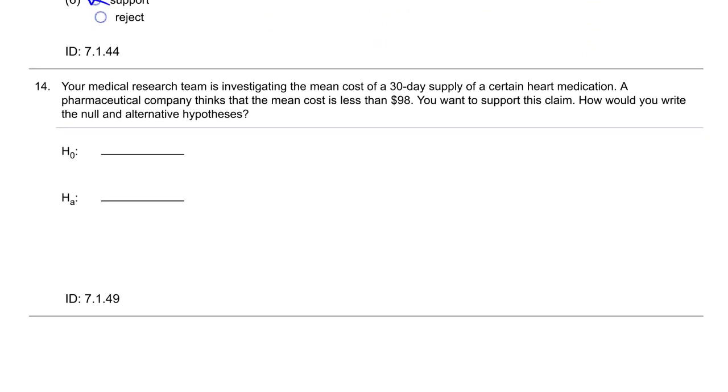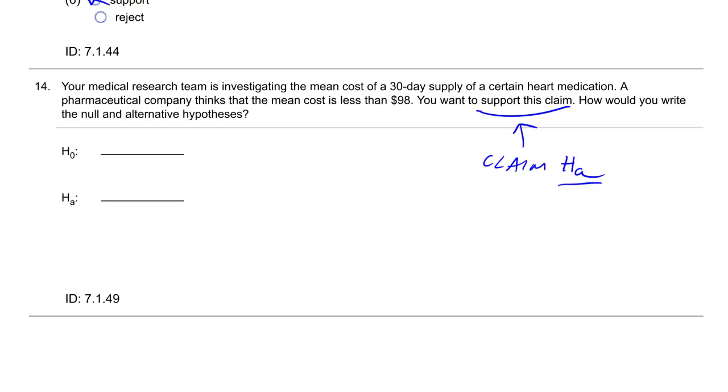Your medical research team is investigating the mean cost of a 30-day supply. The company thinks the mean cost is less than 98. You want to support this claim. How would you write the null and alternative? Support the claim means you want to be in support mode, so the claim has to be the alternative, and it cannot have the equals in it.